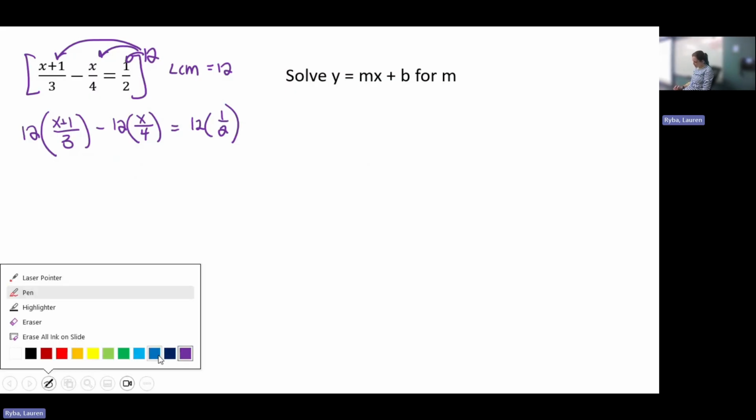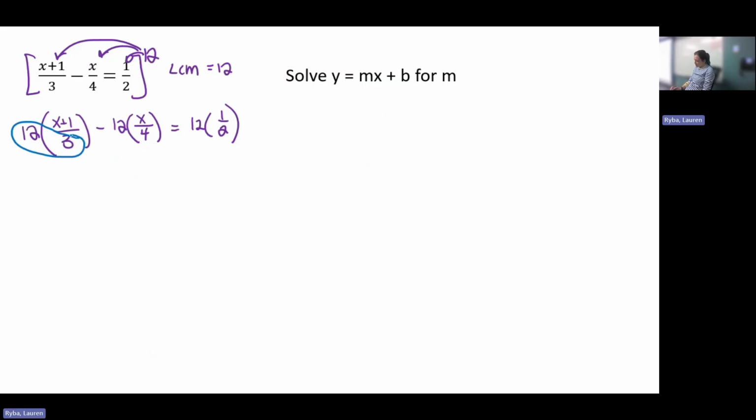So this is 12 times the x plus 1, divided by 3. I can do 12 divided by 3 first, and that gives me 4, which then multiplies into x plus 1.